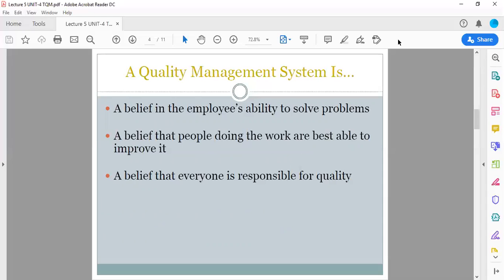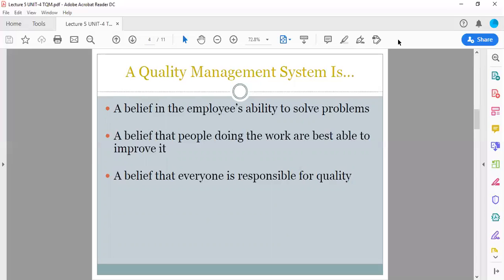Okay. Now, a quality management system is a belief in the employee's ability to solve the problem. We have to believe in the employee so that he can solve the problem. Okay, a belief that the people doing the work are best able to improve it.